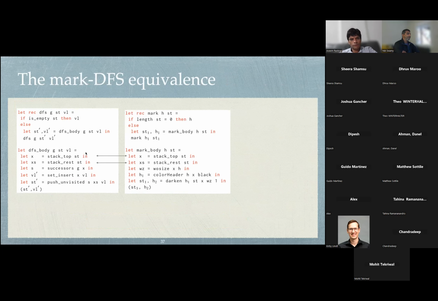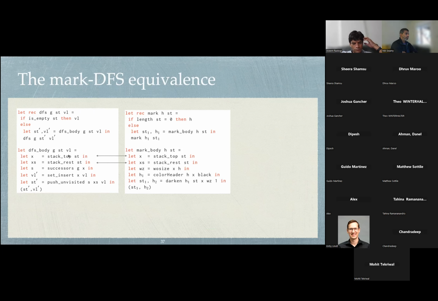I have separated the DFS body and mark body from the recursive function for a purpose. The purpose is that I can separately verify their equivalence. In a recursive function, I need to use induction, so I want to avoid the intermingling of induction and the properties of each function. That intermingling is avoided with the separation of the body from the recursive function.